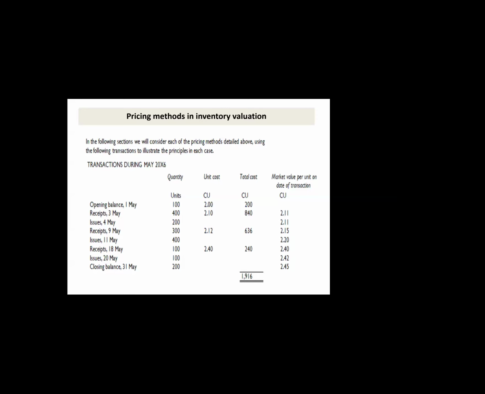On 20th May, we issued 100 at the rate of what? On 20th May, 100 at 2.40. Excellent. So the closing inventory on 31st May, 200 would be at the rate of? So 100 at 2.12 and 100 at 2.00.